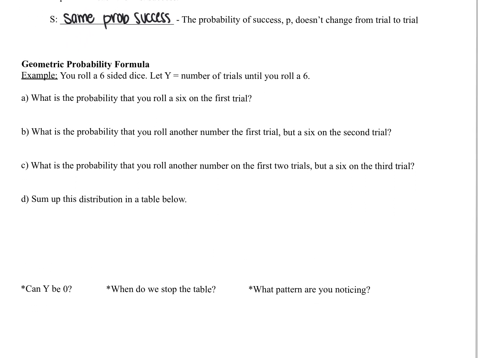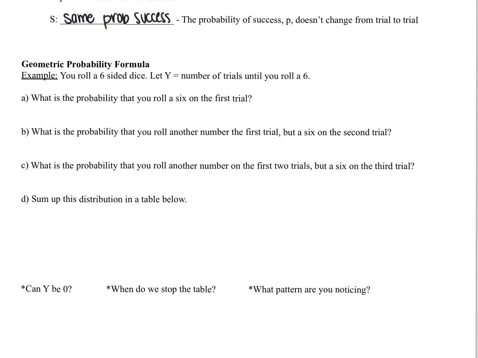Let's talk about how the geometric probability formula works. For example, you're going to roll a 6-sided die, and y is going to equal the number of trials until you roll a 6. We're going to go through this so you can discover the formula and see where it comes from.